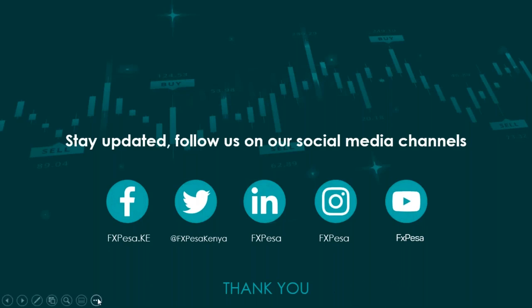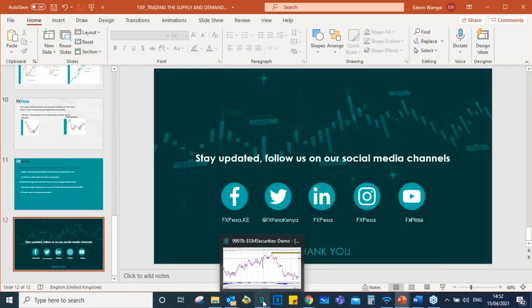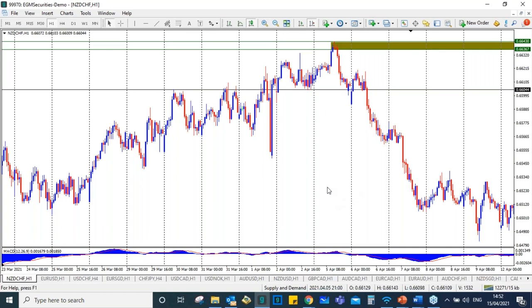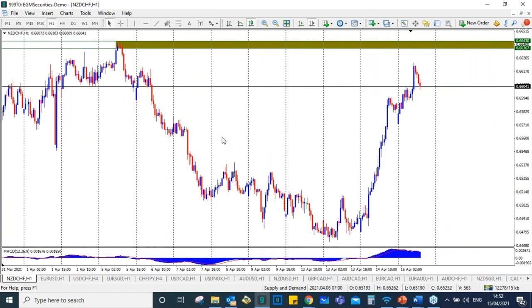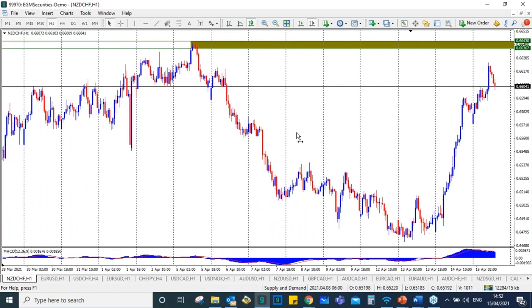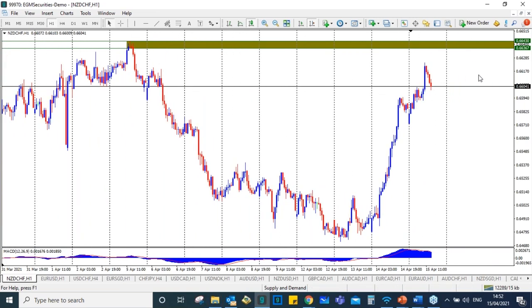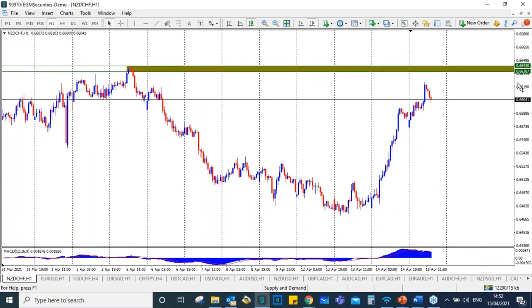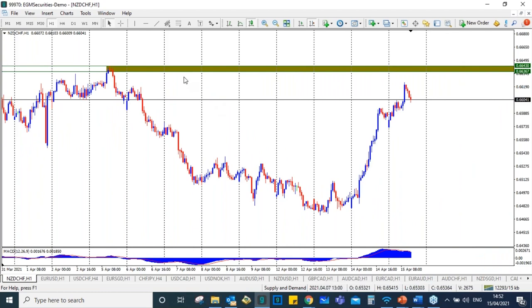So I will now rush to the trading platform to try and give you an example of a chart where we have good examples of areas that you may consider to be areas of interest. If you look at this chart, this is a 1 hourly chart, New Zealand dollar, Swiss franc.